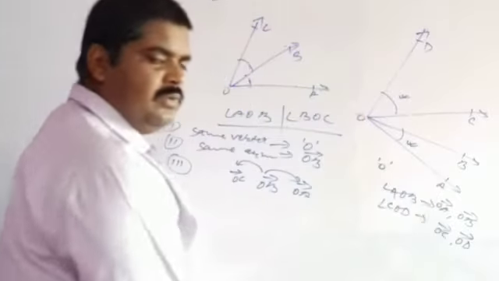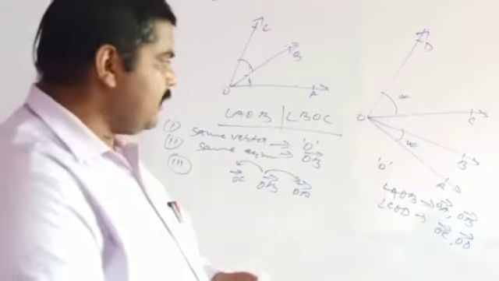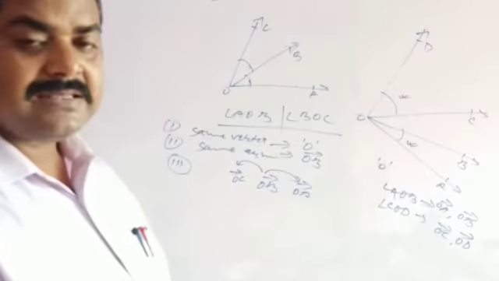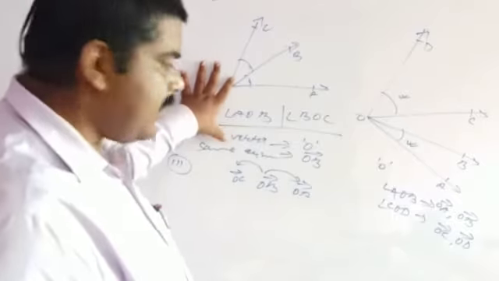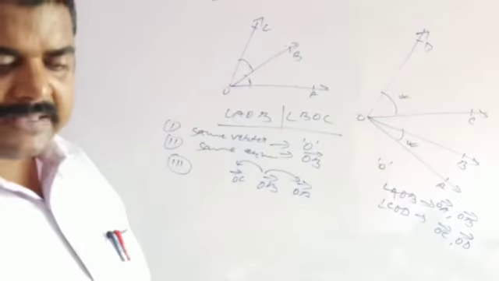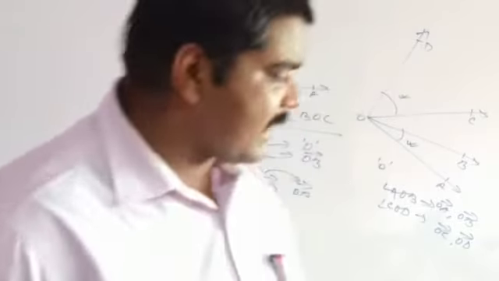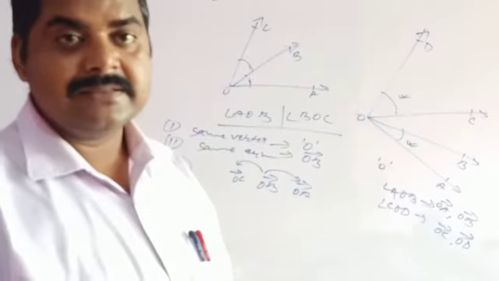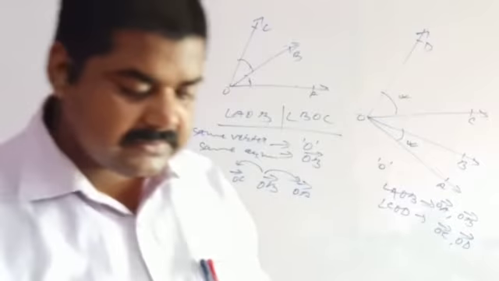Since they do not have a common arm, they cannot be considered an adjacent pair. So the first has adjacent angles, and the second cannot be considered adjacent angles.